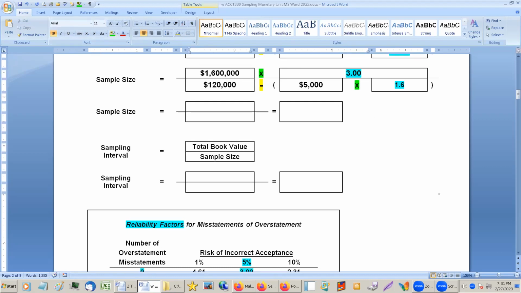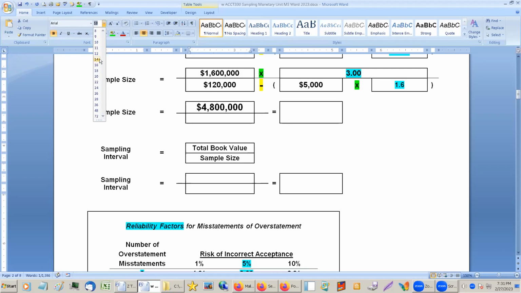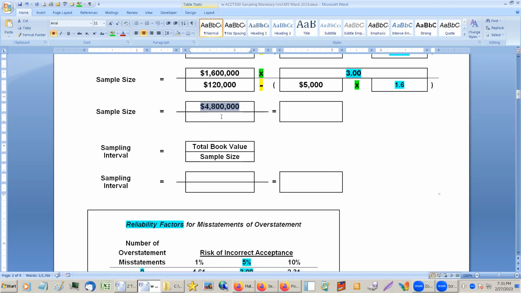Okay, so we're gonna take 1,600,000 times 3. $4,800,000. Then 120,000 minus 5,000 times 1.6.